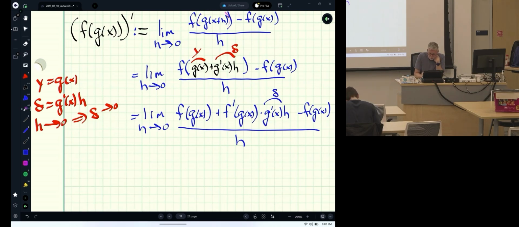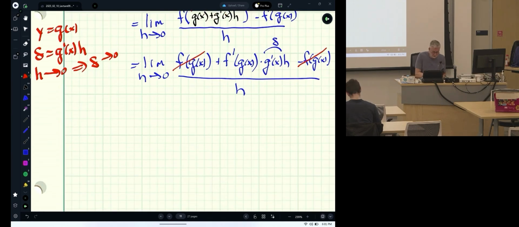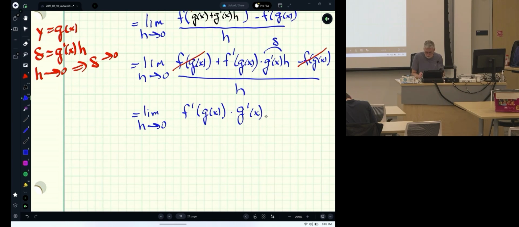First to replace g, and then to evaluate f at g of x plus f prime at g of x times delta. And then just as in the mathologer things, those cancel. And this becomes the limit as h goes to 0 of f prime evaluated at g of x times g prime of x times h over h.